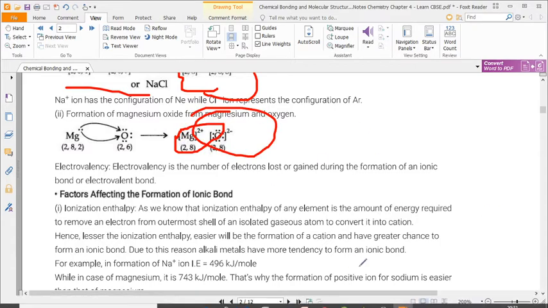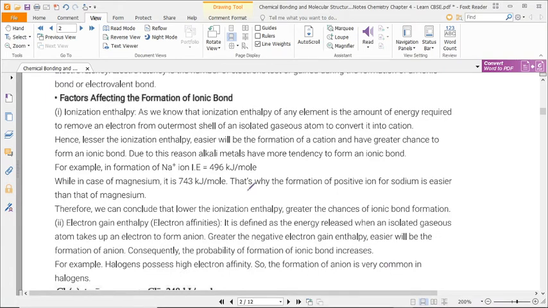Factors affecting the formation of ionic bond: we have to worry about the ionization enthalpy. Ionization enthalpy means the energy required to remove an electron from the outermost shell of an atom. When alkali metals tend to lose one electron, that process is called ionization.